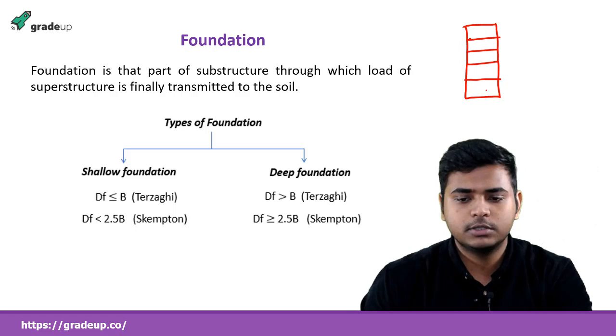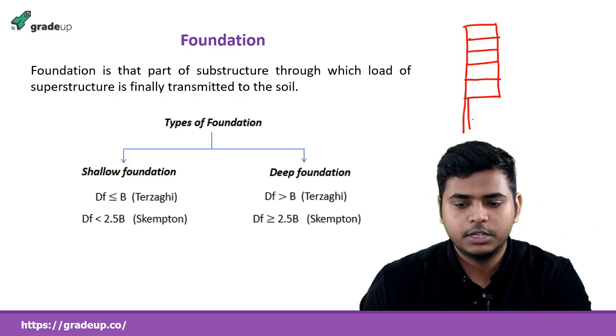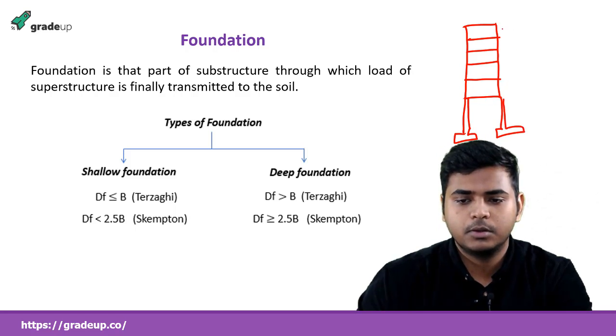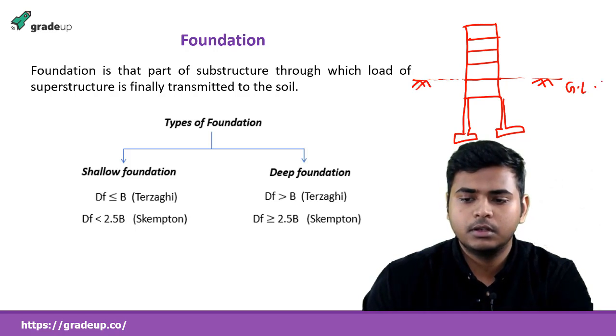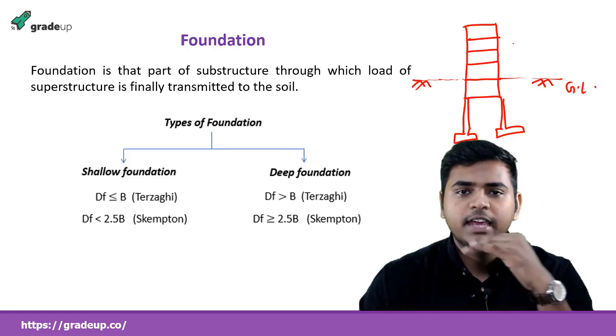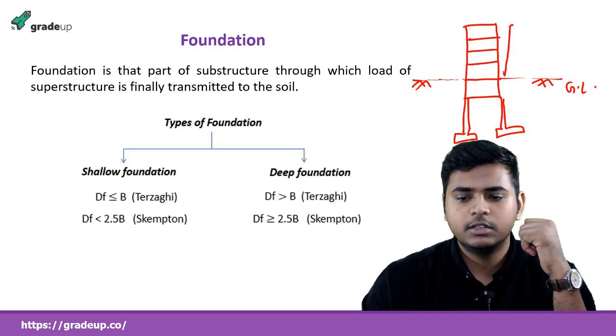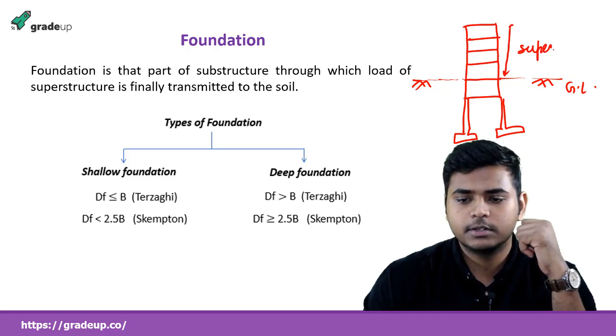All these are the floors, okay? And we have the foundation. Both these are the foundation, okay? And let this be the ground level. Now whatever part which is lying above the ground level, that is this portion, this is known as superstructure.